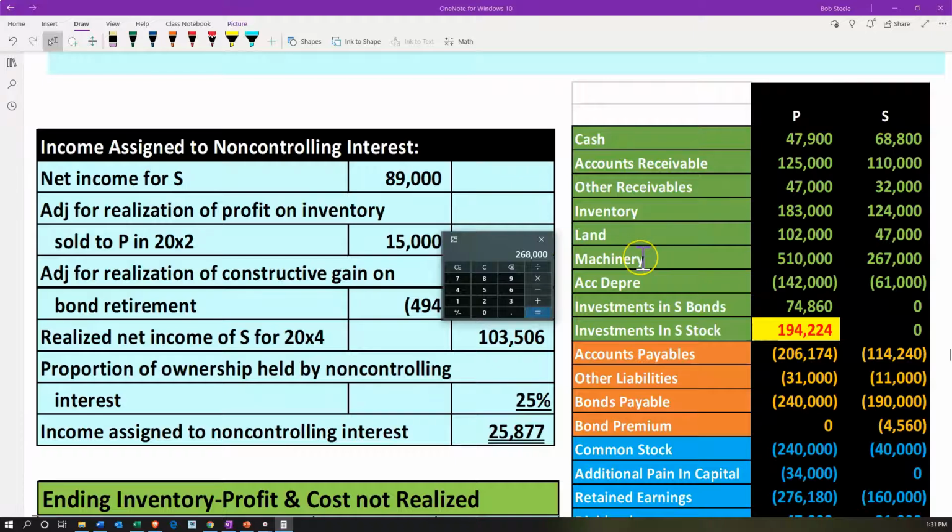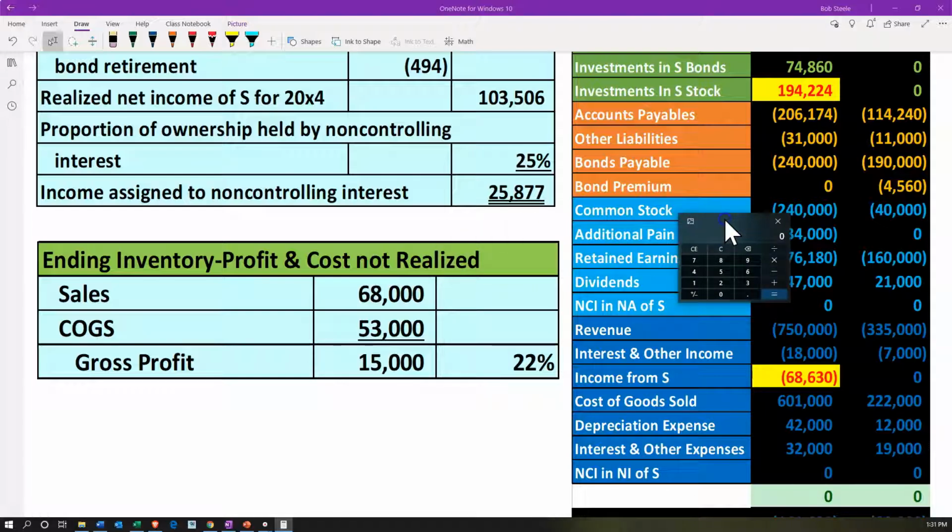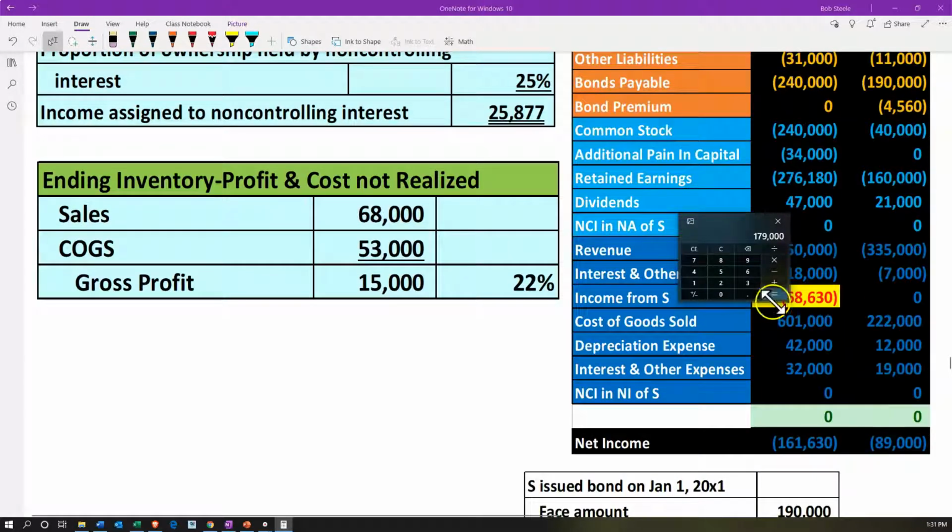And that should give us that 268 as well. What we did here is basically take the equity. The equity section will match the same amount. So if we took the equity section, 40,000 plus the 160,000 minus the 21,000, that's $179,000. And then the revenue and expenses are summed together as that $89,000. So I could just add then the $89,000. That would be the $268,000.